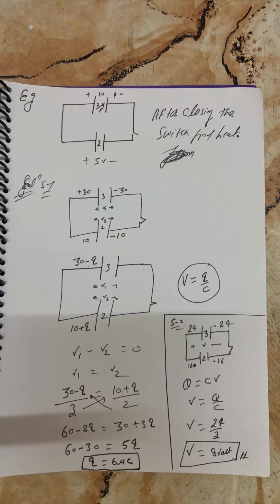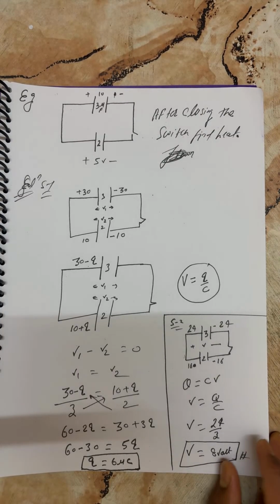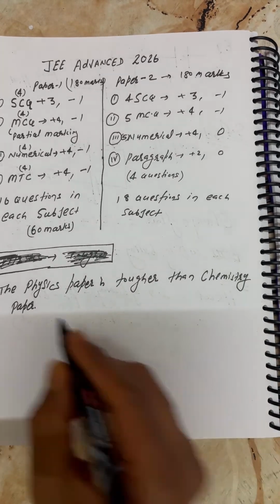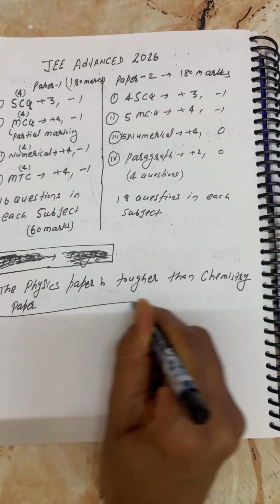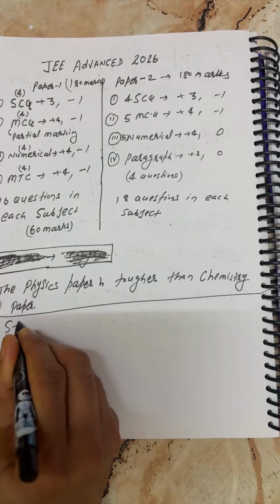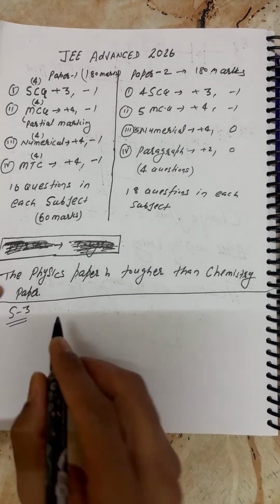We have to find heat. We have to find heat. So step 2 is done, and step 3 I'll do here only because I have space. So in step 3, I'm going to find the heat.